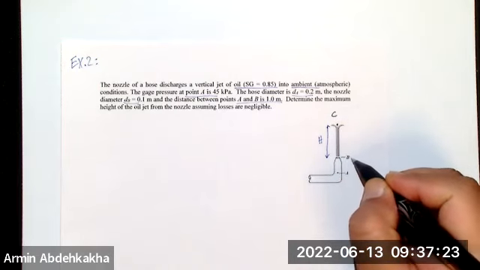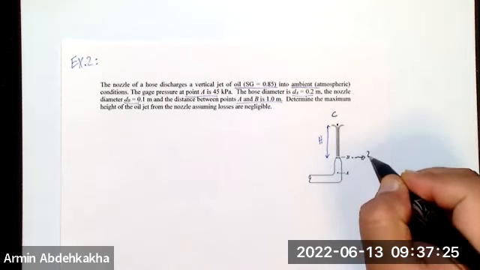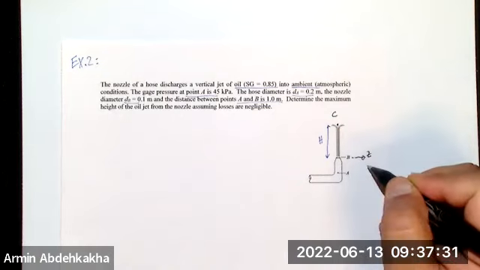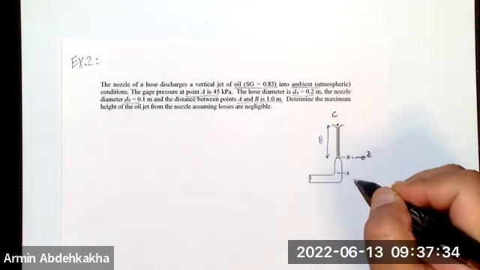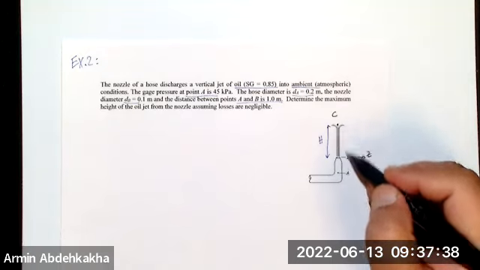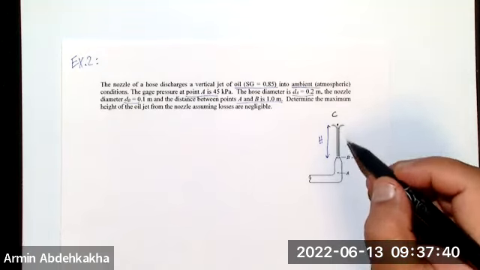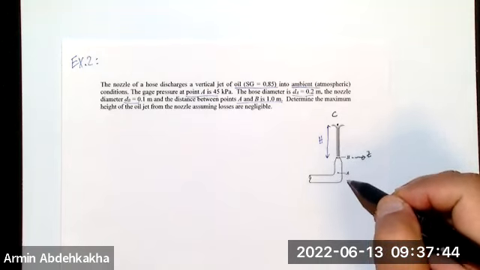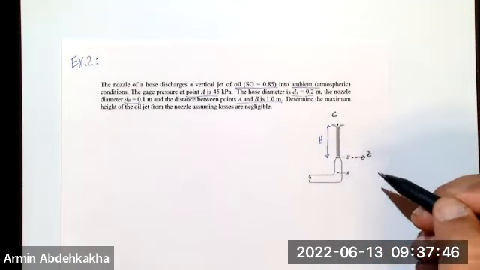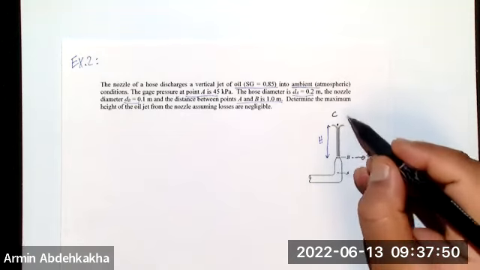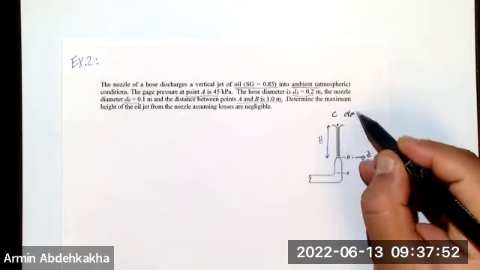You also need a reference Z. I put the reference here. Nothing changes if you decide to put Z elsewhere. Just remember that whatever you are calculating for Z of C now is H plus 1, and for B it is 1. But I decided to put it here, so the Z reference is nothing important because it gives you the same answer.